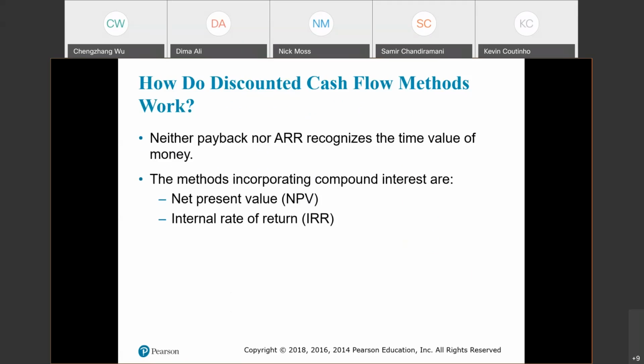As I said, these 2 methods rely on present value calculations to compare the amount of the investment with its expected net cash flows. If the present value of the investment's net cash inflows exceeds the initial cost of the investment, then that's considered to be a good investment.